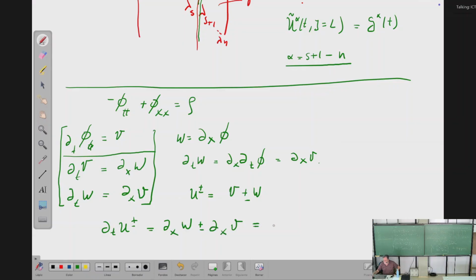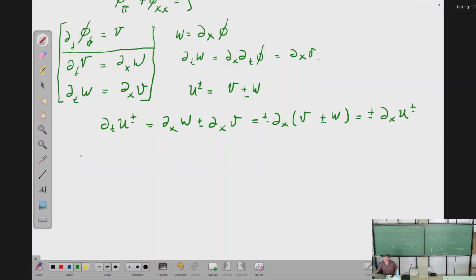So this is dx of w plus minus dx of b, so this is plus minus dx of u plus minus. Okay? So you diagonalize in this base.